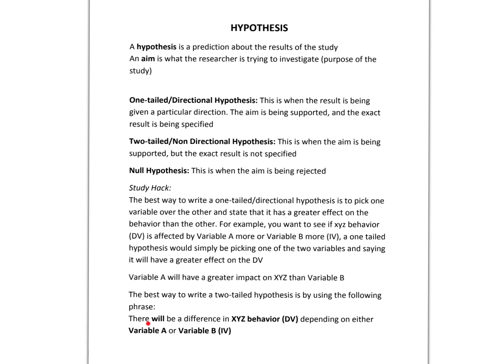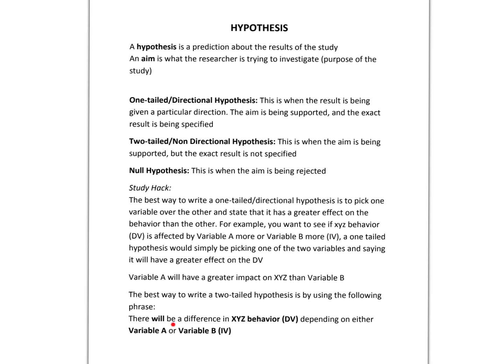So you should say there will be a difference in XYZ behavior depending on either of the two conditions of the IV. So this is just a little one-line phrase that you can memorize and apply for a two-tailed hypothesis. So start your two-tailed hypothesis by saying that there will be a difference in the behavior. What is the behavior? The results of the students.